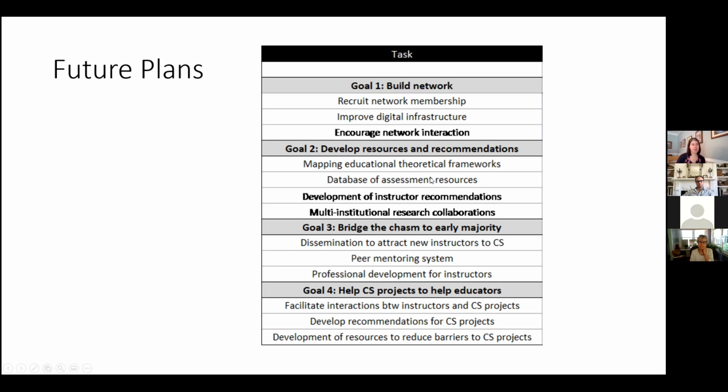We are creating a database of assessment resources that instructors or others may want to access. We're developing these instructor recommendations through dialogue with higher ed instructors as well as citizen science project staff. And we are also creating multi-institutional research collaborations.